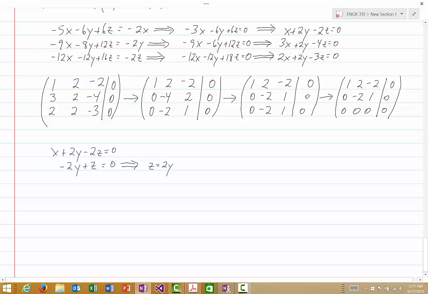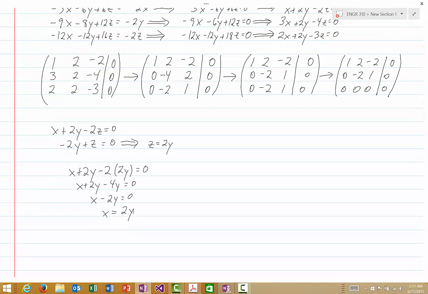And if we substitute that into the first equation, then we have x plus 2y minus 2 times 2y equals 0, or x plus 2y minus 4y is equal to 0, or x minus 2y is 0, which tells us x equals 2y.